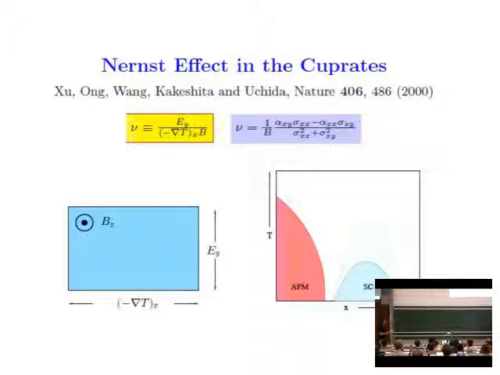Okay? So it's conventional to define this so-called Nernst coefficient, which is the relation between this transverse electric field and the temperature gradient you apply, and it's conventionally normalized by this factor of B. Okay? And one of the things I'll try and unpack in a moment, and I'll do this on the blackboard, is that in order to understand this, you can actually recast it in terms of the transport coefficients.